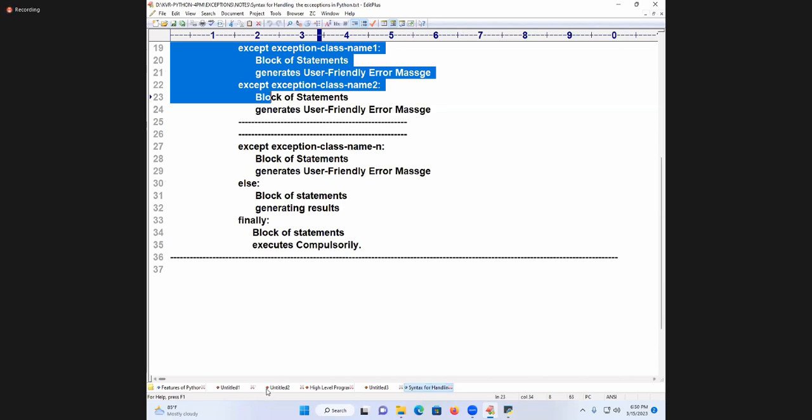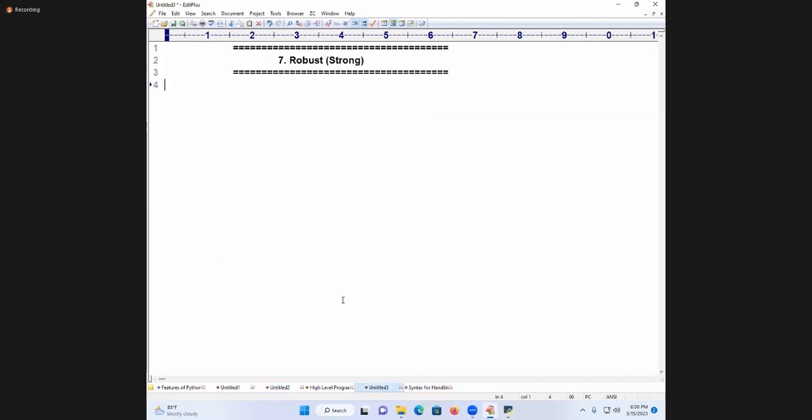What do you mean by robust? I just want to explain here. Robust meaning is nothing but this: Python is one of the robust programming languages, because it provides the exception handling facility.